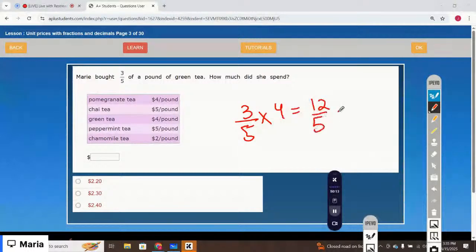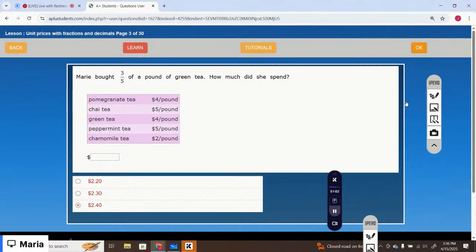And 12 divided by 5, 5 times 2 is 10 and 5 times 4 is 20, that is 2.4. Option number 3 is the correct option. That is $2.4.